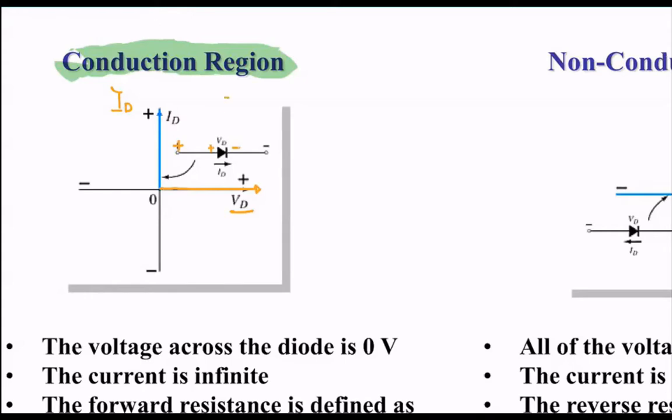We also refer to it as a forward bias condition, okay? In the forward bias condition, because it's working as a short circuit, the current is going to be maximum, right? We will call this current ID, which is the diode current.